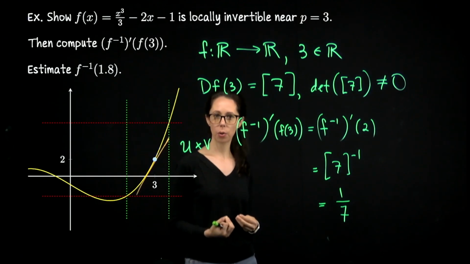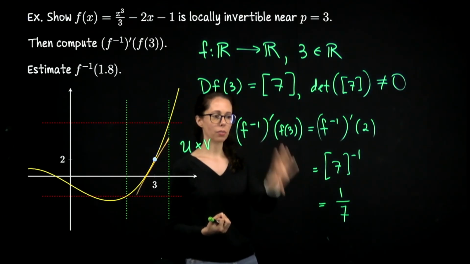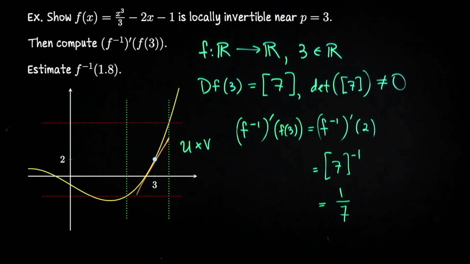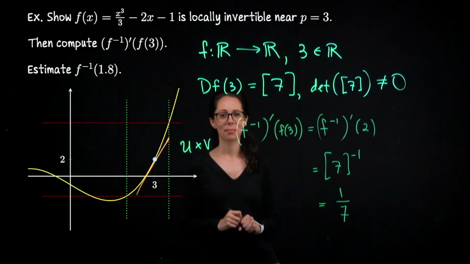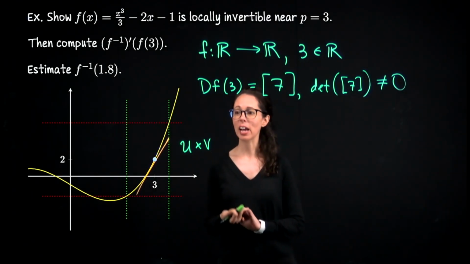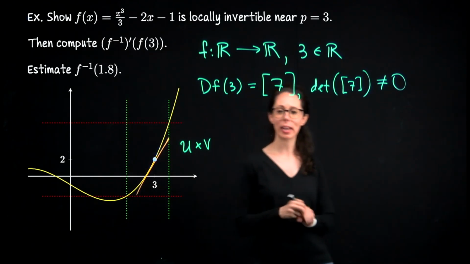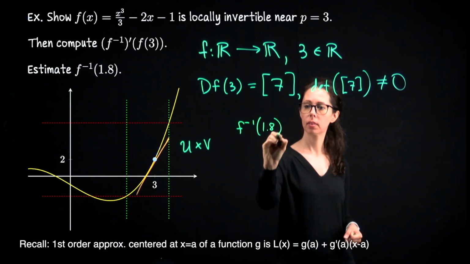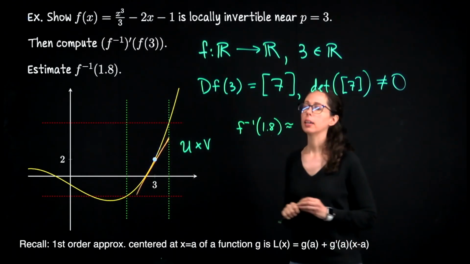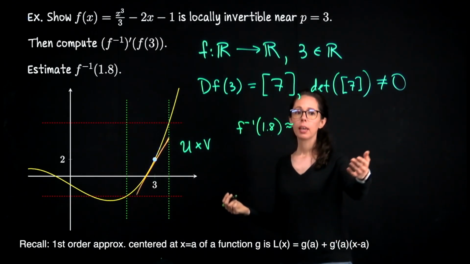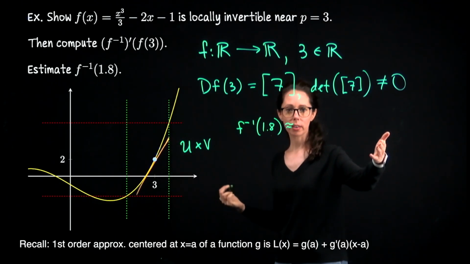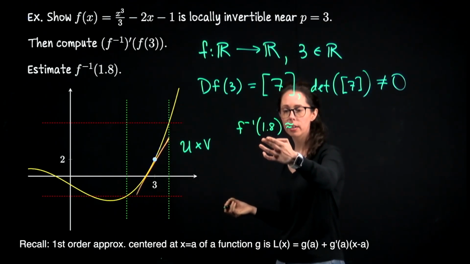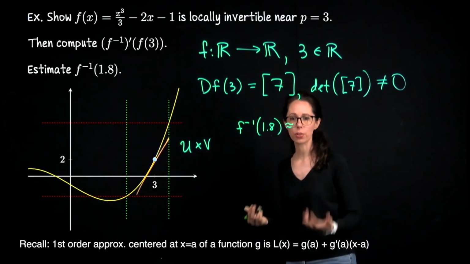So that's what we're going to do. Let me step aside just for a moment so that I can erase this, and we'll come back and just answer that last part. I do not have the inverse function, so I cannot evaluate f inverse of 1.8, but I can approximate it. It's going to be equal to, or approximately, its first order linear approximation centered at 2, a point we understand, where I'm going to plug 1.8 into that approximation.